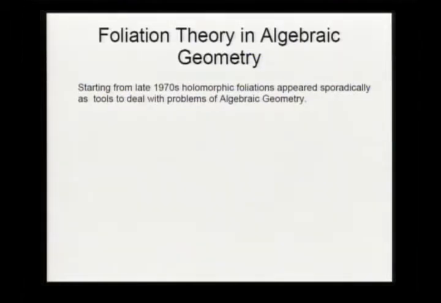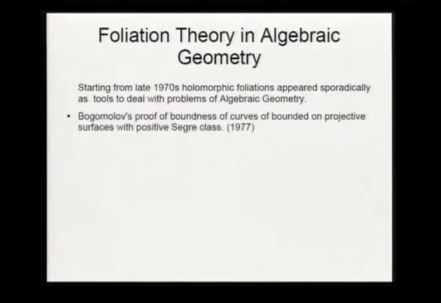The first instance of this phenomenon that I'm aware of is Bogomolov's proof of boundedness of curves of bounded genus on projective surfaces with positive Segre class. This is from '77.